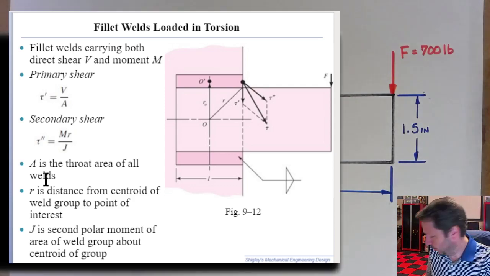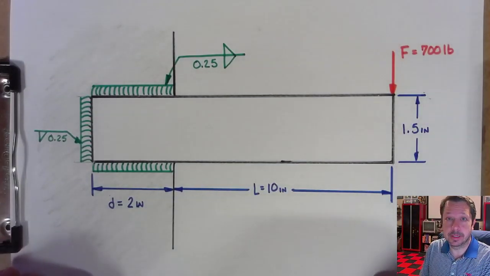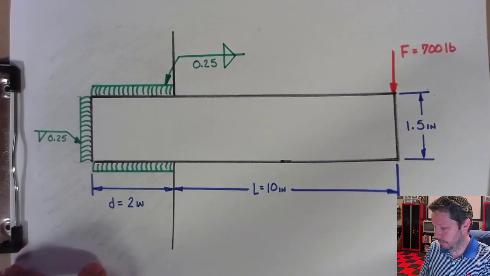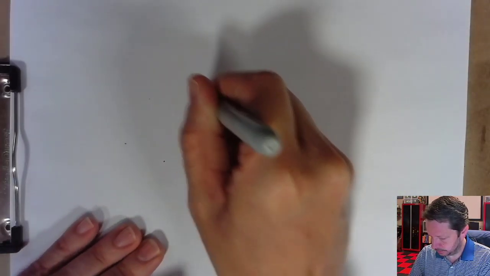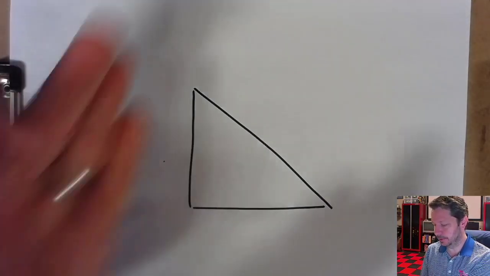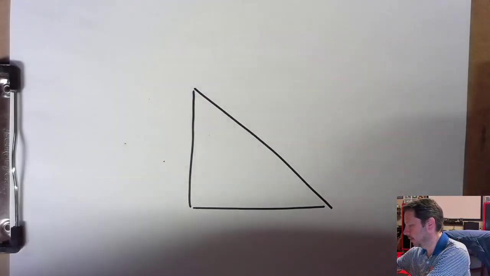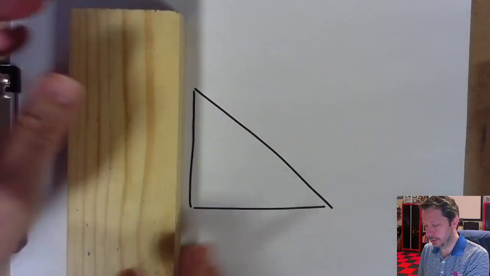Let's see if we can refresh what the throat means. So these are all fillet welds, so we do have that as a constraint on what we're doing. But remember, we had a fillet weld that was basically a triangle. And so there's something welded together here. There's a piece here and a piece over here that are welded together somehow.